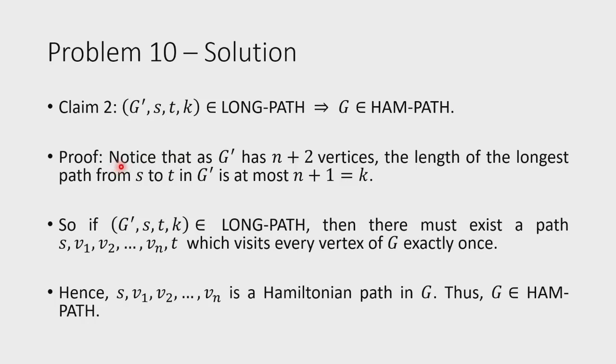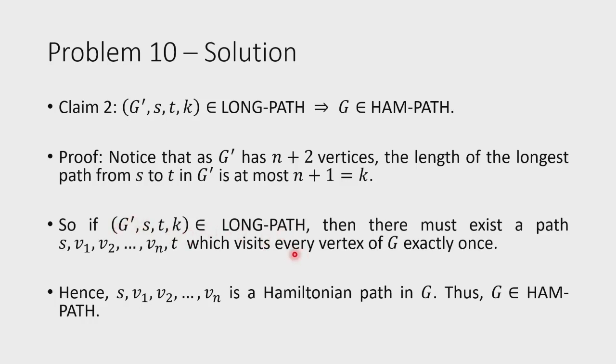The proof is as follows. Notice that G prime has n plus 2 vertices: n vertices of G plus 2 vertices, S and T. The length of the longest path from S to T in G prime is at most n plus 1. It cannot be more than n plus 1, right? Now, suppose that G prime, S, T, K is in long path.